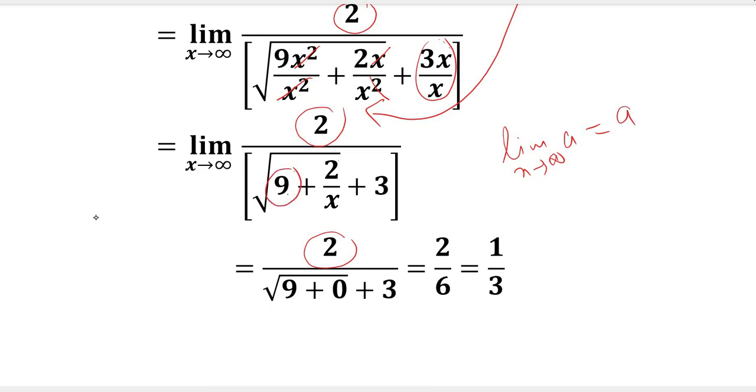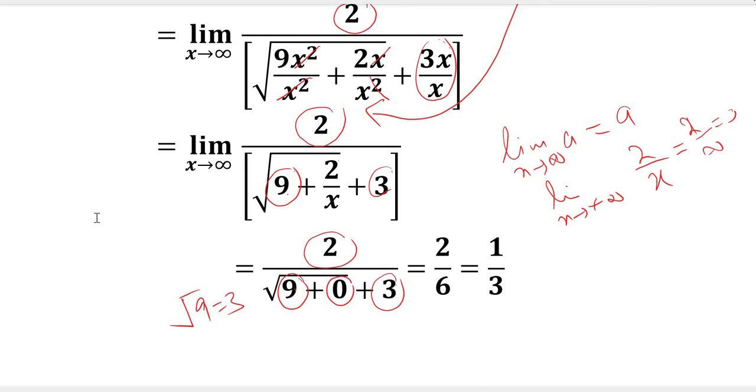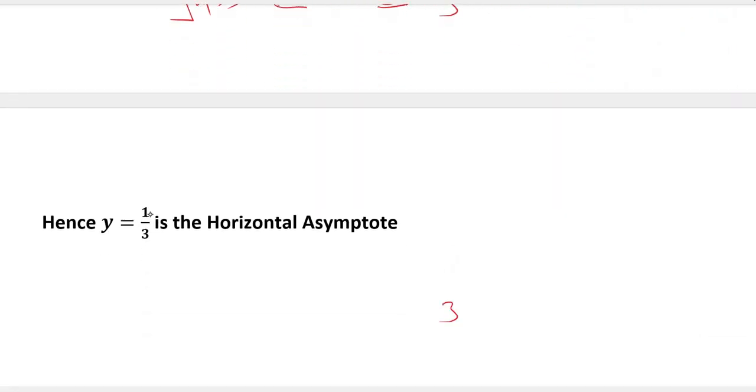Similarly, here is a constant, so it stays as it is, and the limit as x approaches infinity of any number divided by x, that is any number divided by infinity, is 0. So you have 0, and again 3 is a constant, so we write down 3 as it is. Now the square root of 9 is 3, so we have 2 divided by 3 plus 3, which gives us 6, and that simplifies to 1 over 3. So y equals 1 over 3 is our horizontal asymptote.